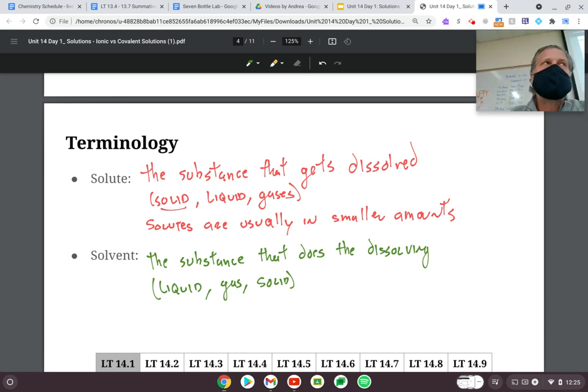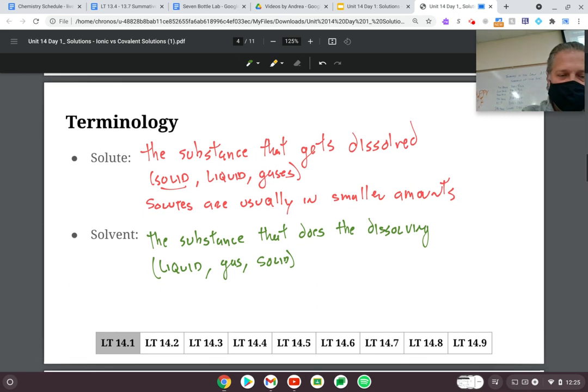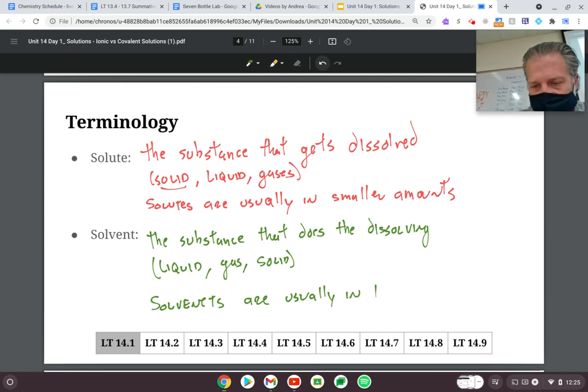And solvents are usually found in larger amounts. So we have the solute, which is the thing that gets dissolved, and the solvent, which is the thing that does the dissolving. A lot of the reason why solutes get dissolved by solvents has to do with intermolecular forces of attraction.